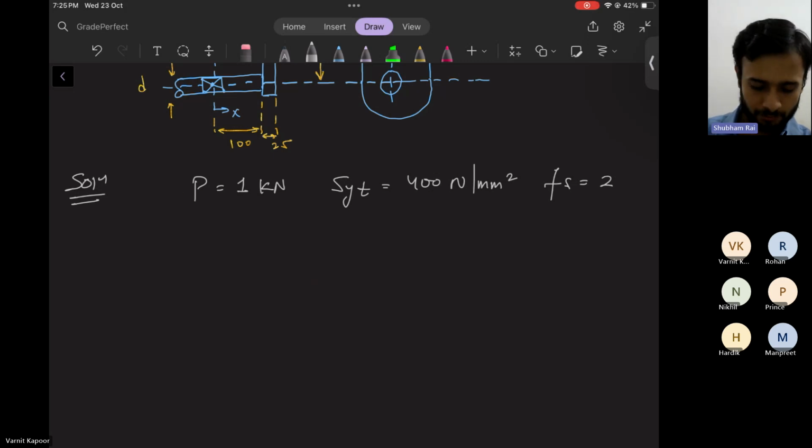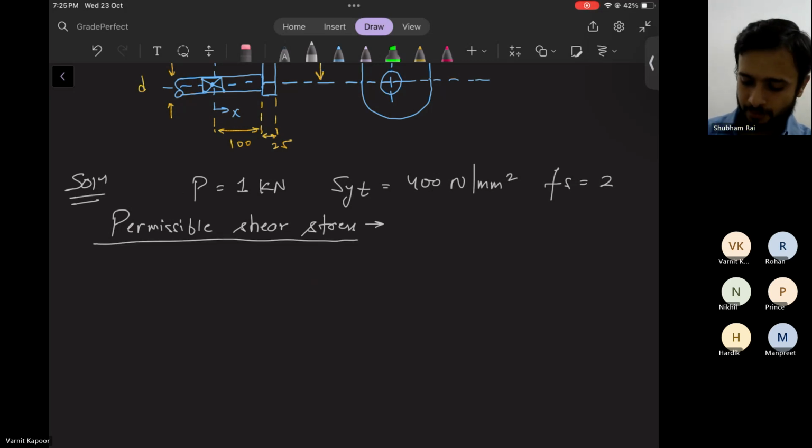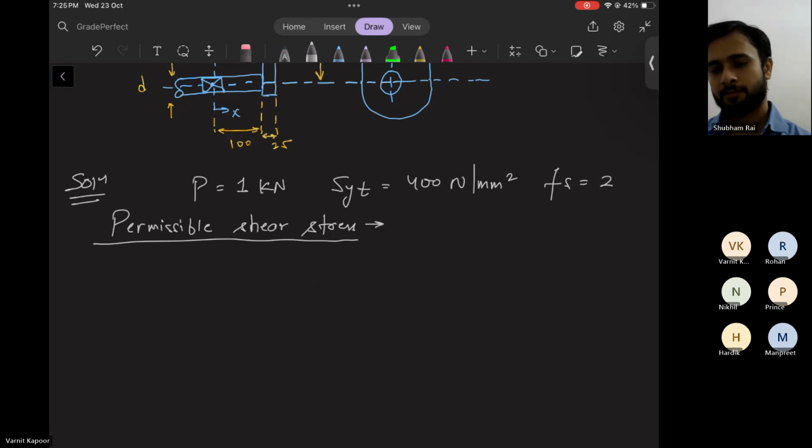Now you have to find firstly the permissible shear stress. Now you know that in a uniaxial tensile test, the maximum shear stress induced in that specimen is half of the yield strength in tension.